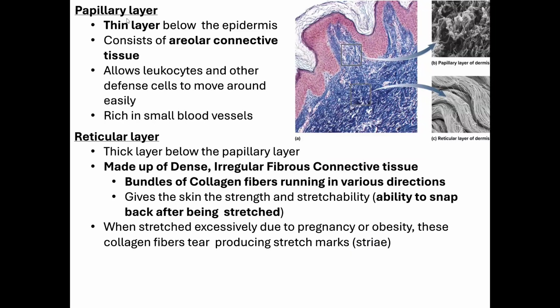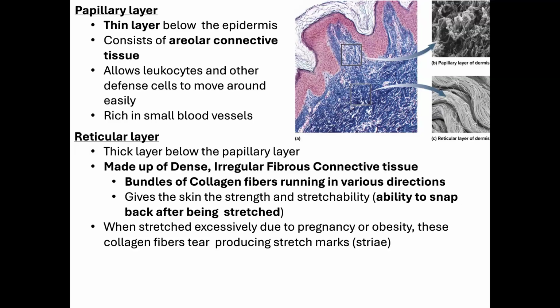And under the papillary layer, there is a reticular layer. And this is made of dense, irregular connective tissue, which we discussed earlier. The dense, irregular connective tissue has got fibrous connective tissue, but they are in different directions.